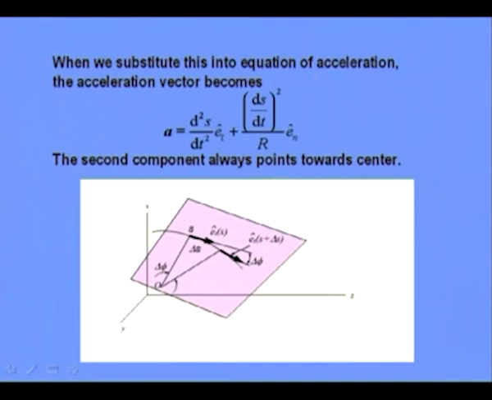It is to be noted that d²s/dt² can be a positive or negative quantity, so the tangential component of the acceleration can be positive or negative. However, the second expression shows that (ds/dt)² is always positive. So, the normal component is always directed towards the center of curvature.